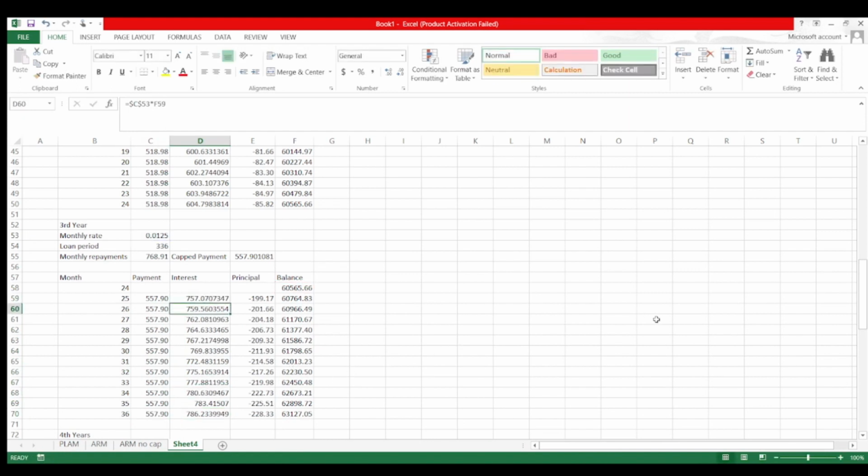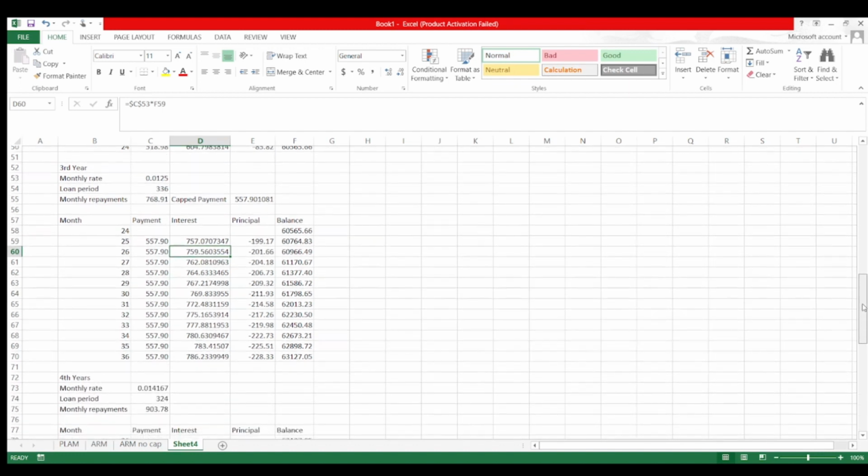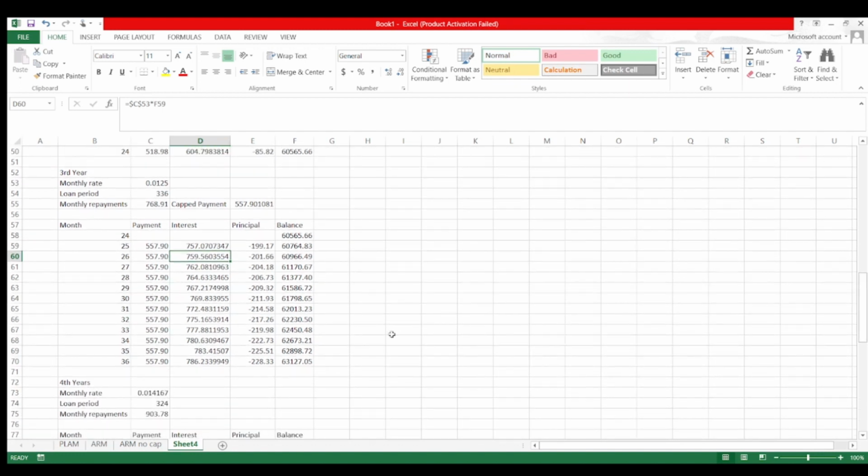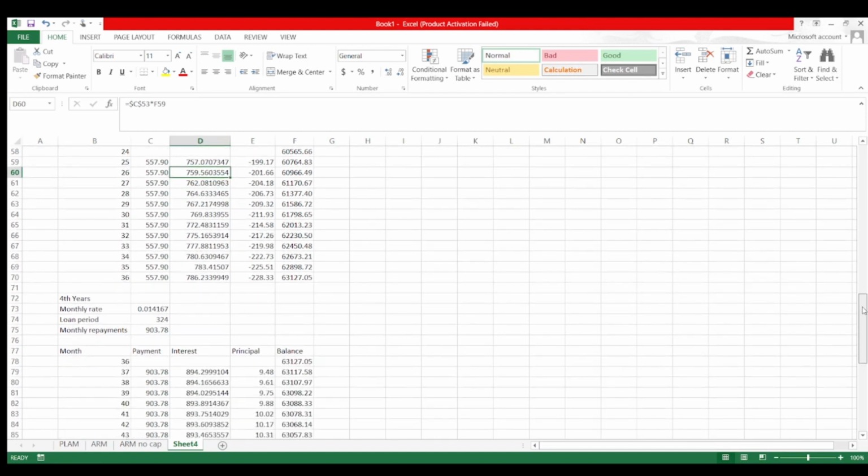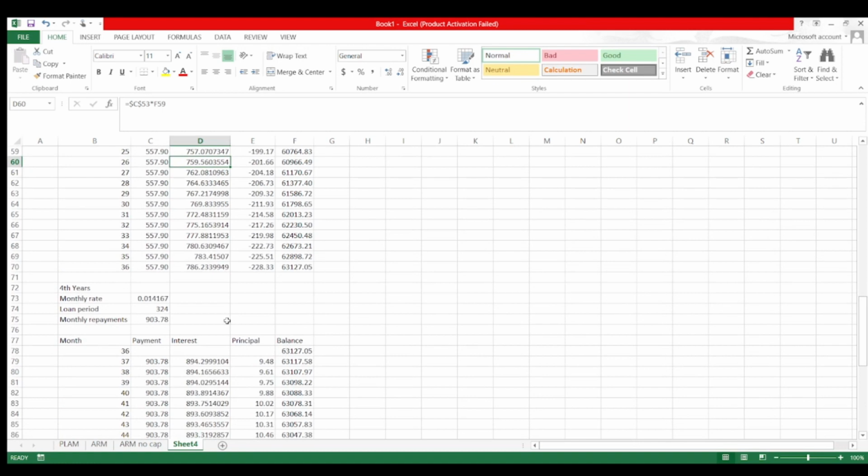Now, you'll also realize again, since we've used the capped payment, the loan balance has increased from the previous loan balance. And then again, the next year, the fourth year, the capped increase will be our previous monthly repayments multiplied by 1.075.